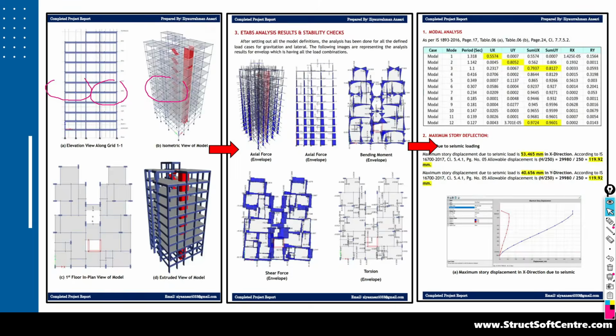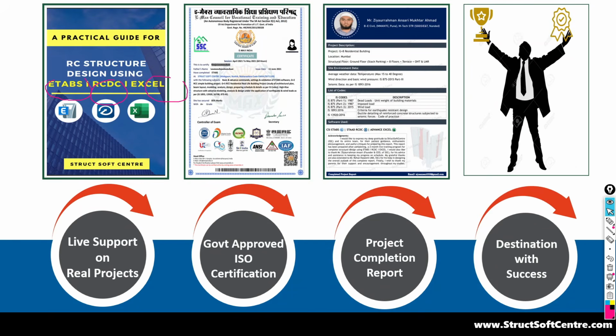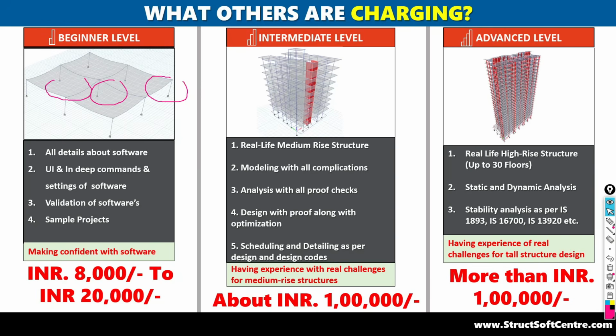Okay, so this is the project completion report. You will get a bunch of Excel sheets, and you will get the certification of completion of the training program. And once you get all of this knowledge, experience, training and confidence, then no one will be able to stop you from getting your dream job or starting your own firm. Okay, that you can do easily.